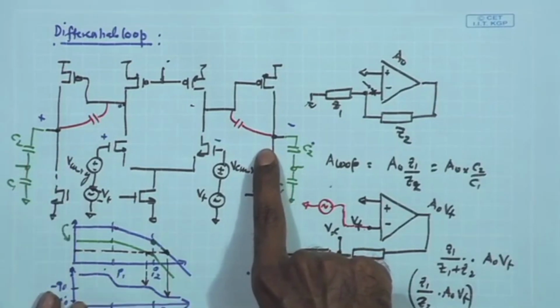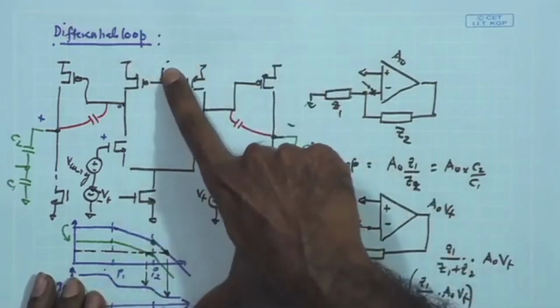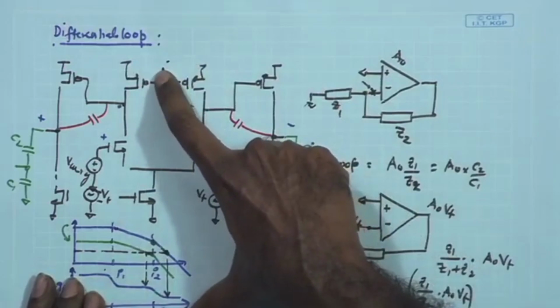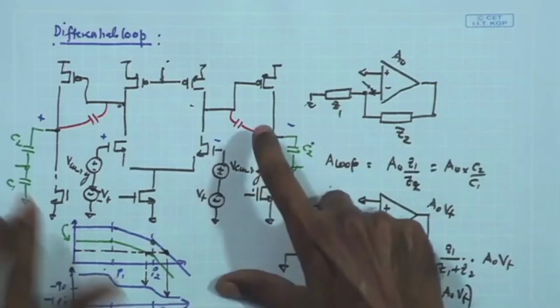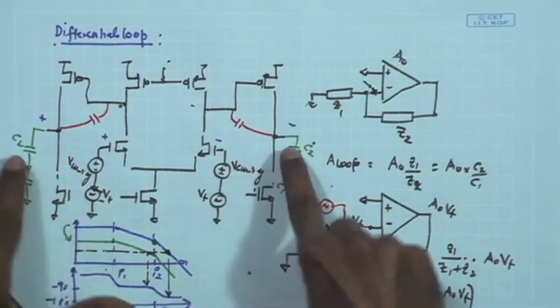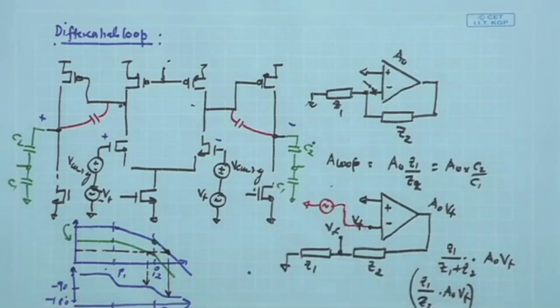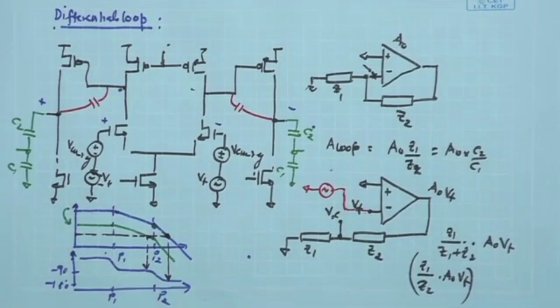So, if that assumption is true, I can just let the common mode feedback determine the DC bias point over here, and then apply the test signal plus minus Vt at this point, and look at the output potential signals coming at this particular point to observe my overall phase response for the open loop case.